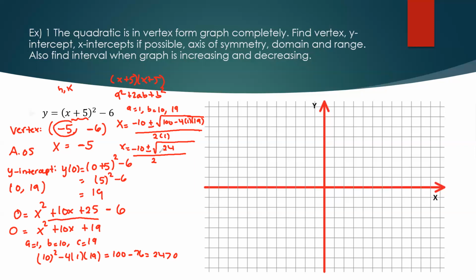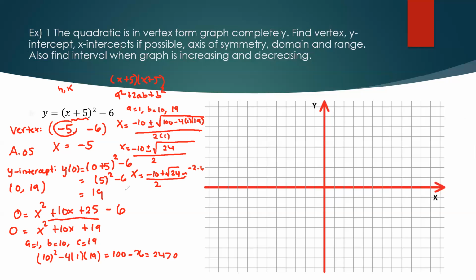Now I actually need a number, so I don't want to simplify the square root of 24. I'm just going to put this in the calculator. One of my zeros is -10 plus square root of 24 all over 2. Put that in the calculator and you should get negative 2.55. So really it's just negative 2.6, correct?